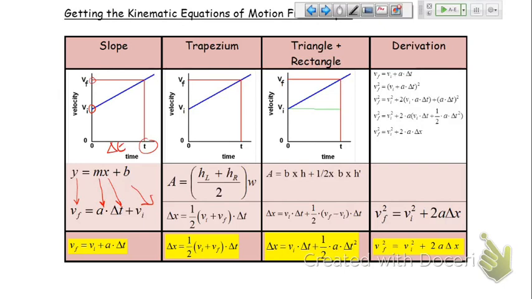Let's now think about areas under the curve. This is a trapezoid. In England we say trapezium, but trapezoid. The way you get the area is you go the left-hand height plus the right-hand height divided by 2. It's the average of the heights multiplied by the width.